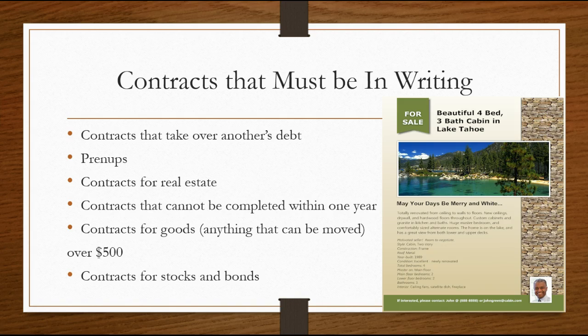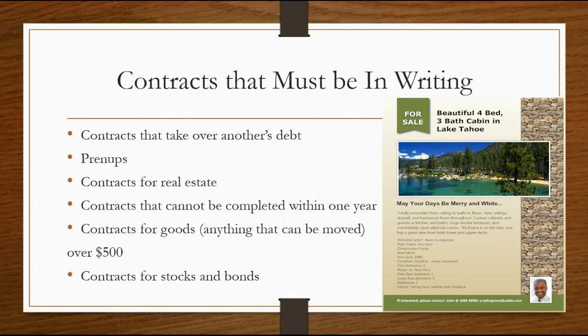Prenuptial agreements have to be in writing. So an older woman marries a younger man, and he wants her to agree to take care of him in the event that she dies before him. That contract entered into before they get married about their marriage has to be in writing. Contracts about real estate purchases have to be in writing.